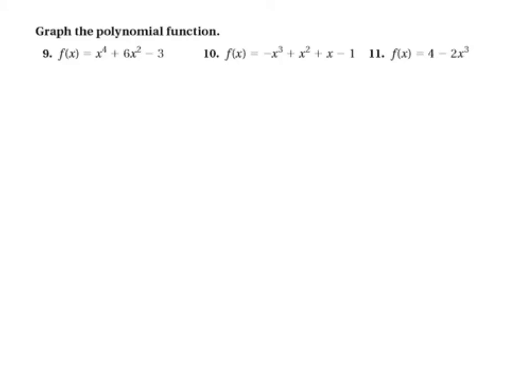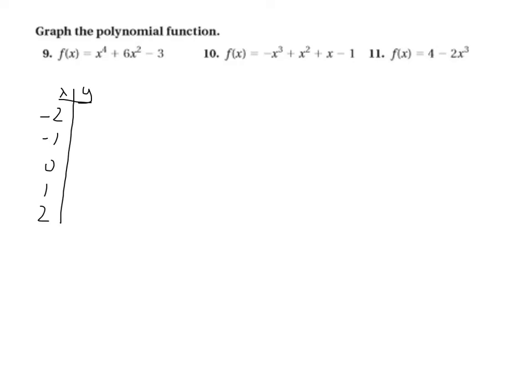Okay, so graph the polynomial function. This is what you need to do. Make the table. And then calculate them. Because I want accurate graphs, you don't just use your calculator.